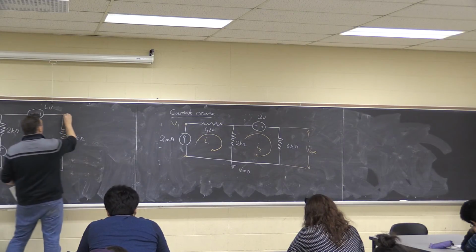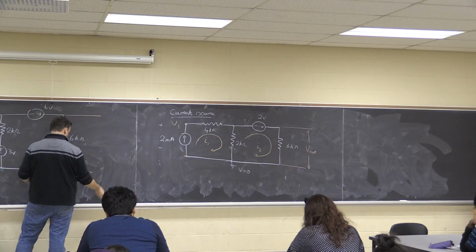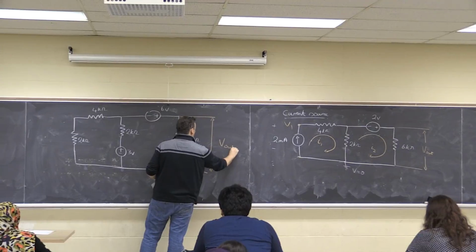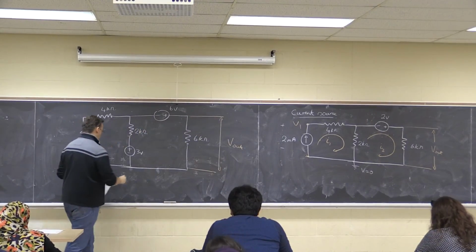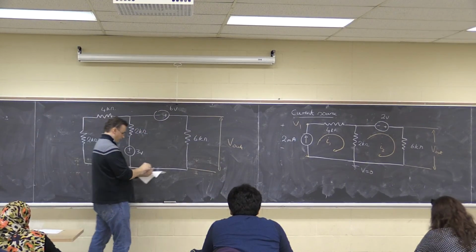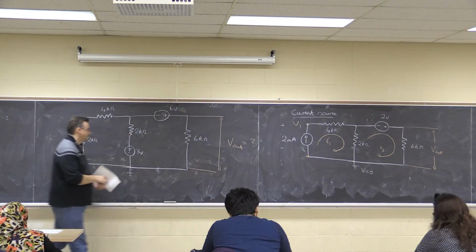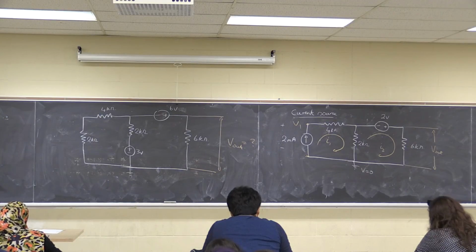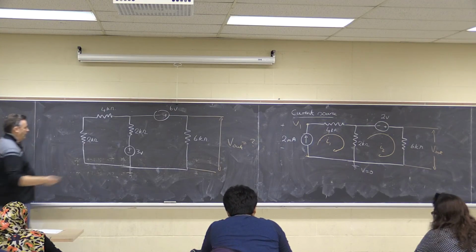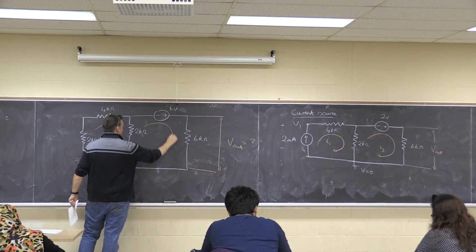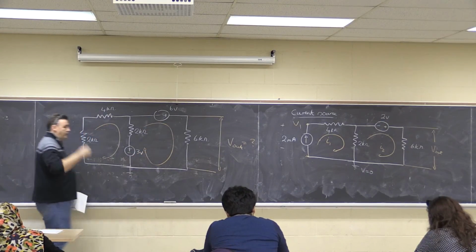Now we take a voltmeter and we apply it across here. I don't need to write a question, it's just what is V out. Clearly this is going to be another loop analysis example, and just to get you started I'll say that this would be first loop, this would be the second loop.